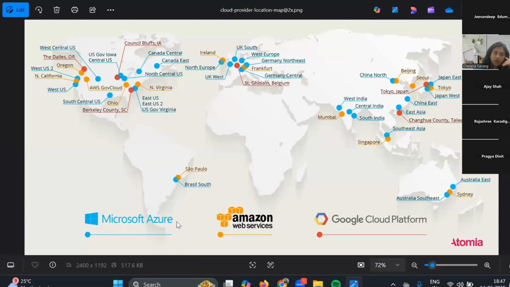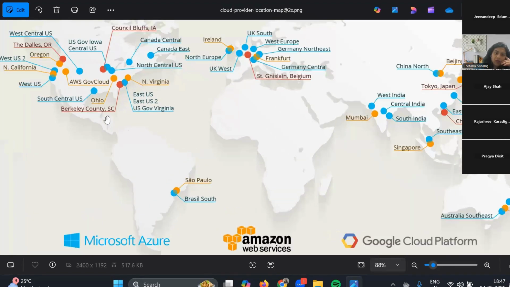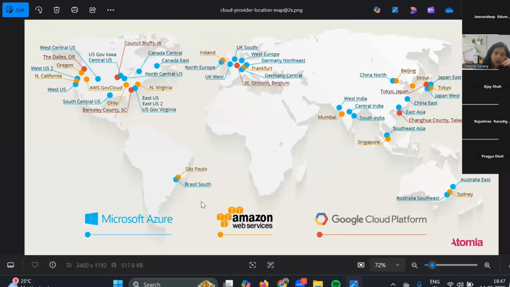So all these three, and show the students this image. The sky blue bubbles are for Azure, the yellow bubbles are for Amazon, and the orange or slightly red is for GCP. In India, I think this is not an updated one, so there are very few things given in India. You see throughout the world, there are so many data centers.